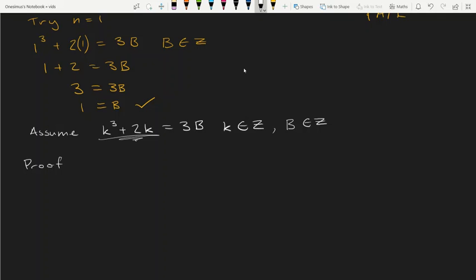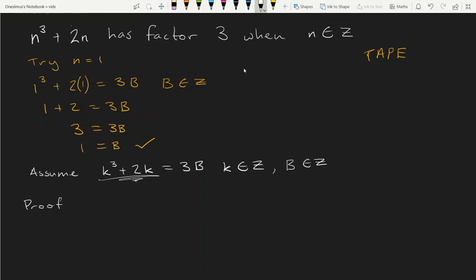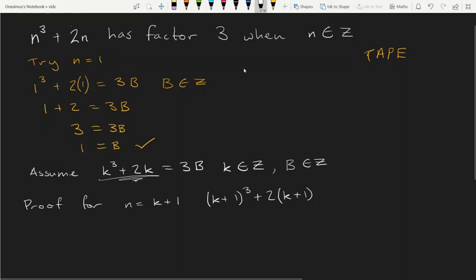And notice that this problem is significantly easier than the previous one, even though it's the second of the ones that were given out. So prove for n equals k plus 1. We want to show that k plus 1 cubed plus 2 times k plus 1, where n was in our original equation, is going to have a factor of 3, and let's use capital A this time just to change things up so we don't have B and A conflicting.